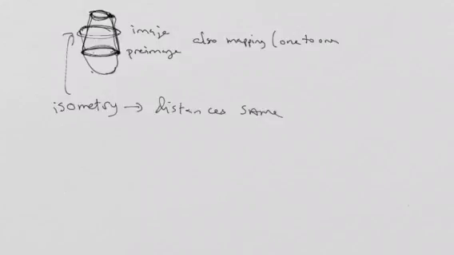We could also call an isometry a congruence mapping. Because not only are we mapping stuff just like we did here, but we're keeping the distances the same. So they're congruent.